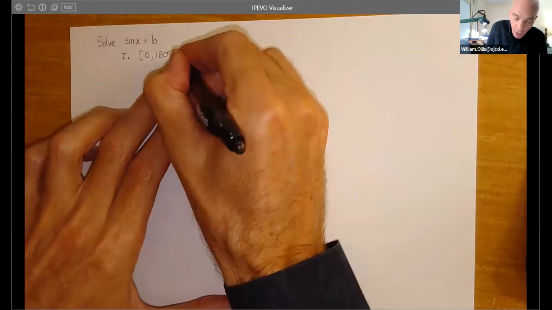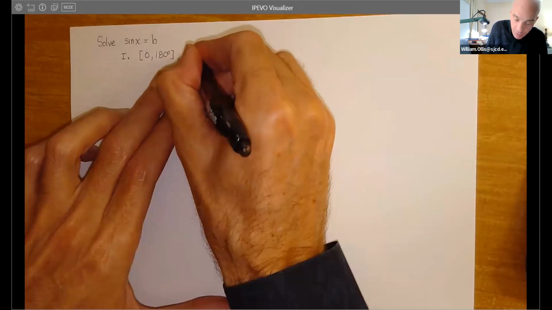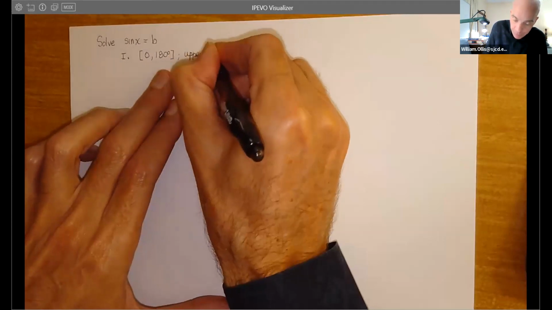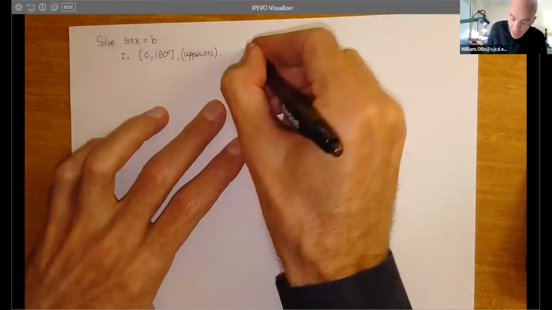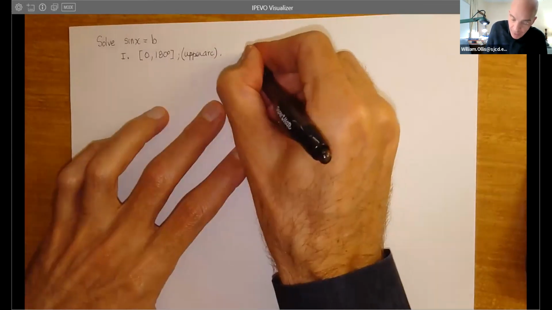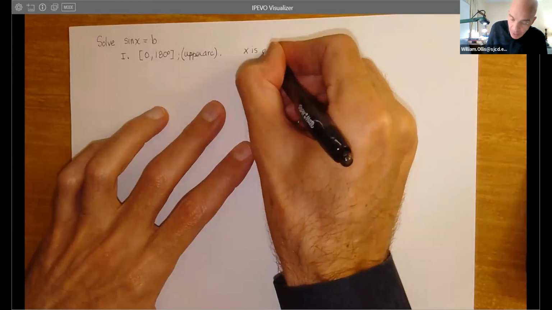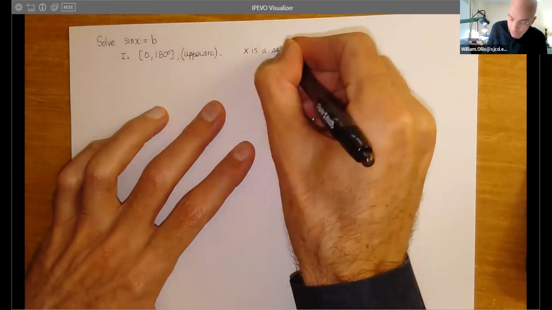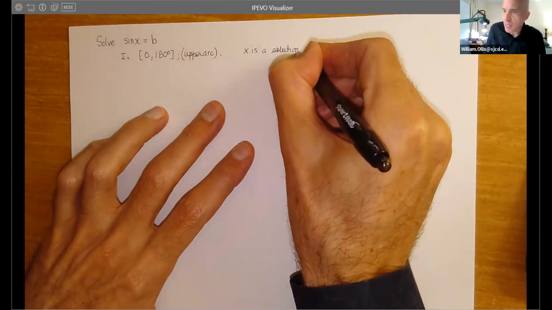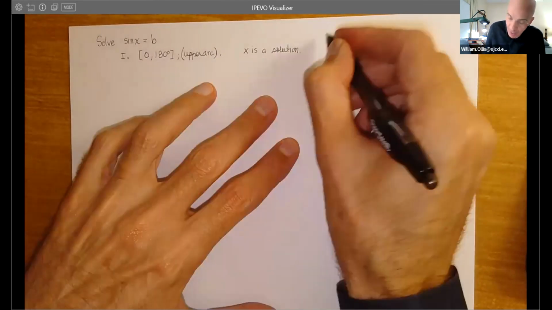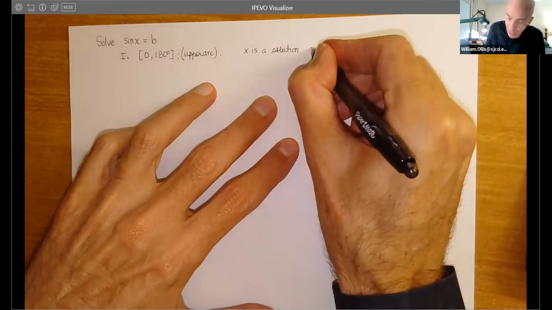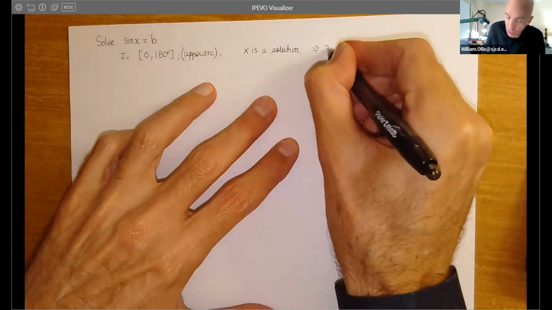So this is what we call the upper arc of the unit circle. So you'll say x is a solution, and then this implies a second solution.